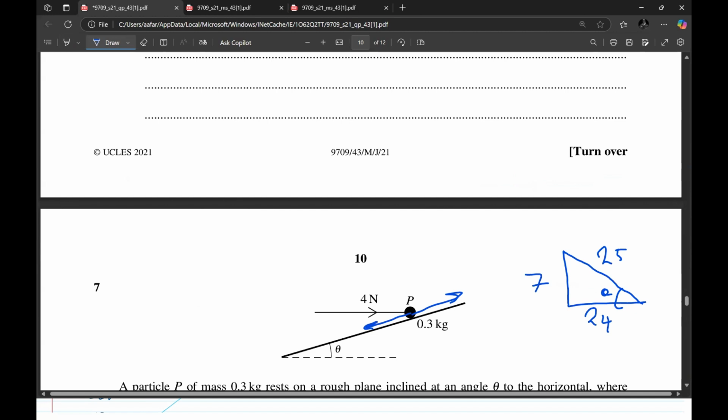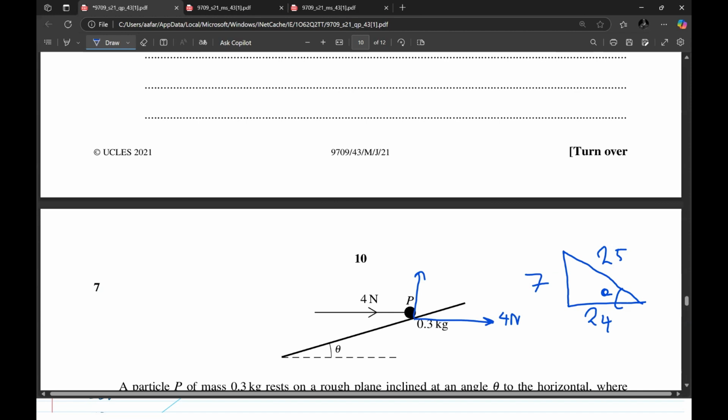If this is the 4 Newton force acting over here, right? And let's make this the vertical component.